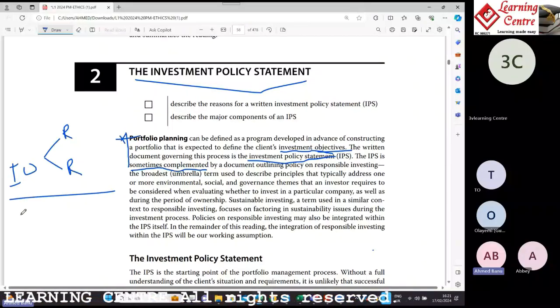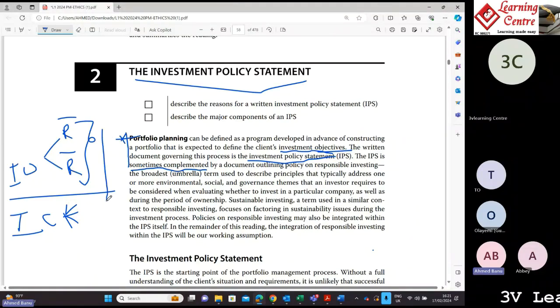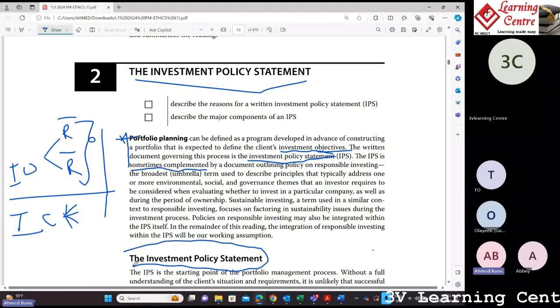Then you also need to understand your client's investment constraints, meaning the factors that can impact us negatively from achieving these objectives. These 2 things are the major information that goes into your IPS.